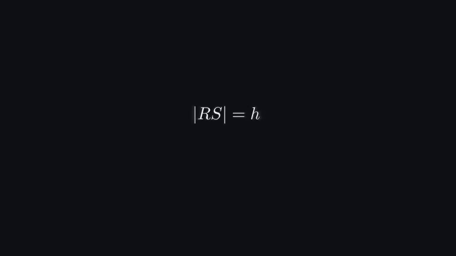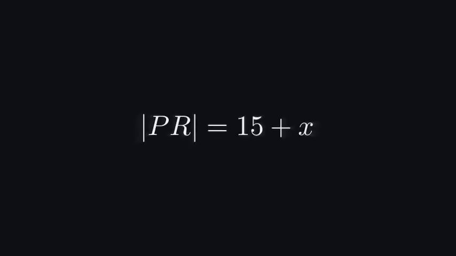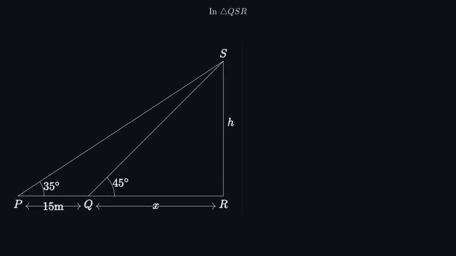Length of RS equals H. Length of QR equals X. Let length of RS equals H be the height of the tower, and let length of QR equals X. Since length of PQ equals 15 meters, it follows that length of PR equals 15 plus X. First, use triangle QSR.